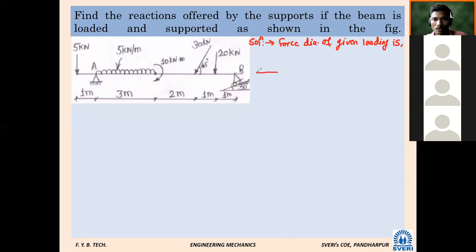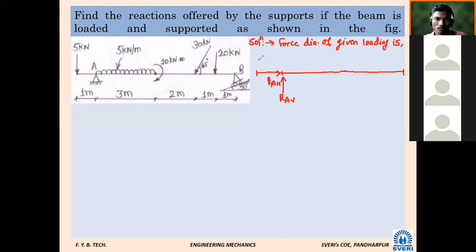I will draw a horizontal line up to here. Here will be point A, where I mark R_AH and R_AV.